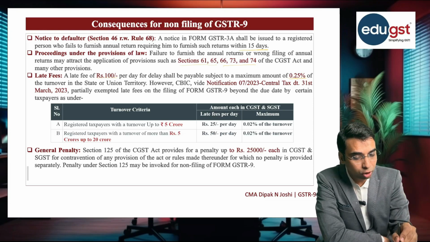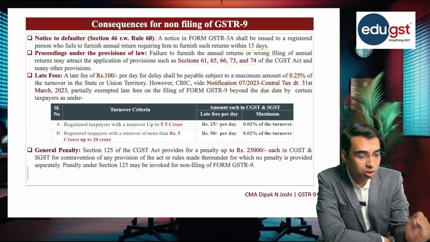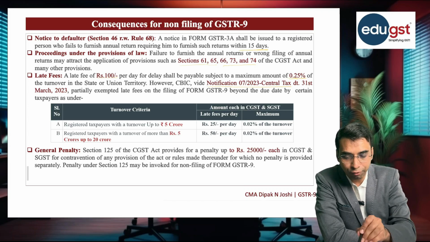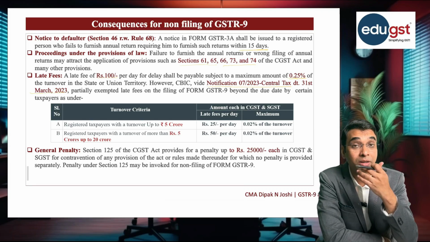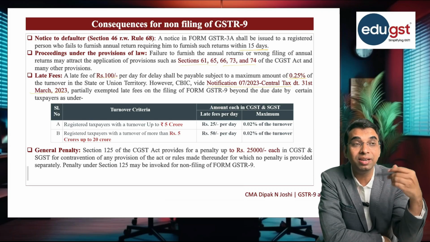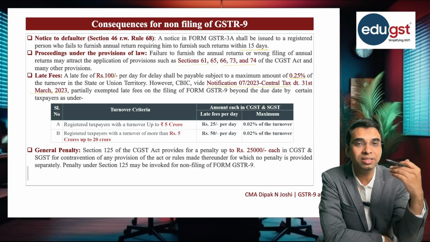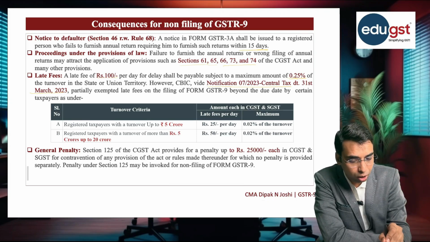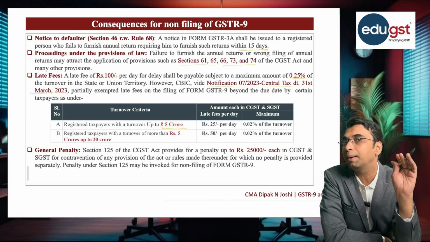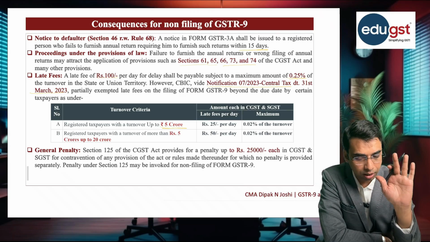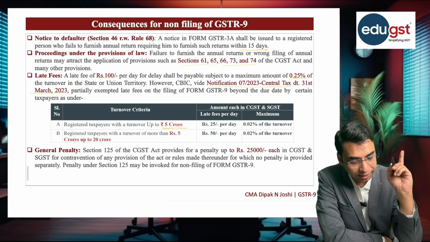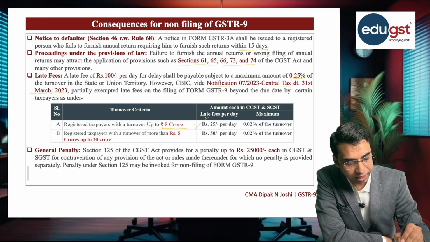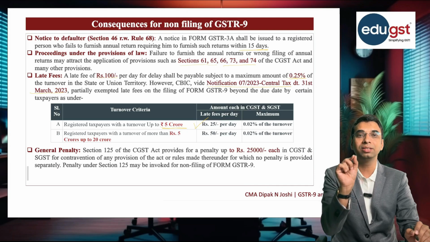However, vide notification 7/2023, last year only, dated 31st March 2023, the government has revised this late fee. In certain cases, the government has reduced this late fee. कौन सी cases हैं? If your turnover is up to 5 crores, अगर आपका turnover 5 crore तक है, then in that case, instead of 100 rupees per day, you are just required to pay 25 rupees per day as the late fee.